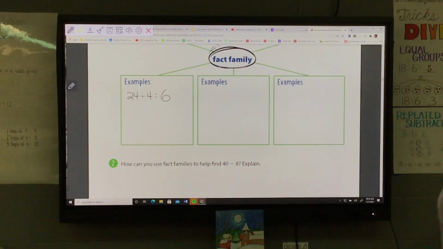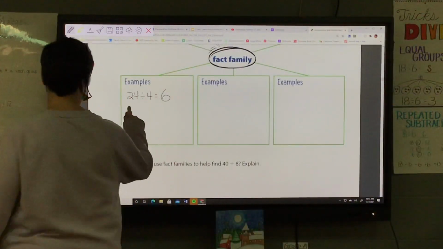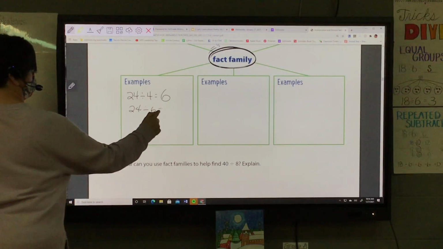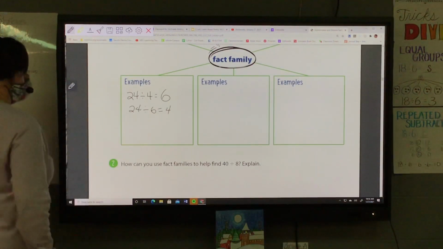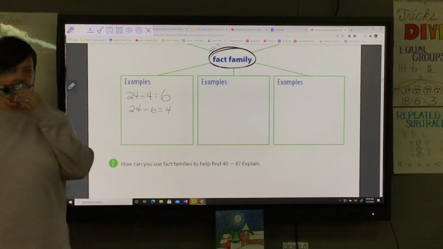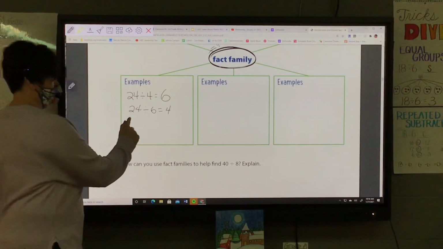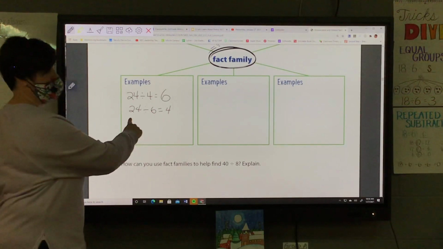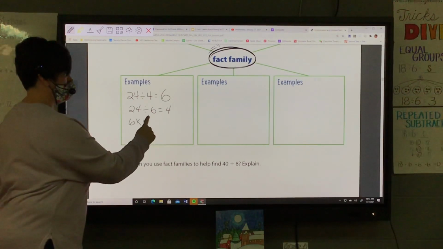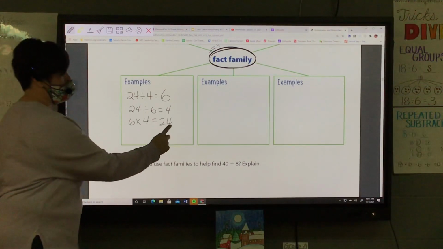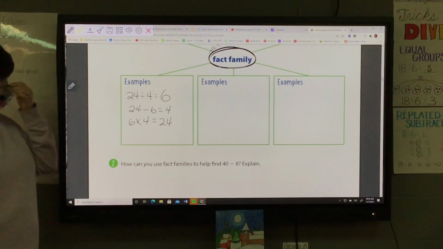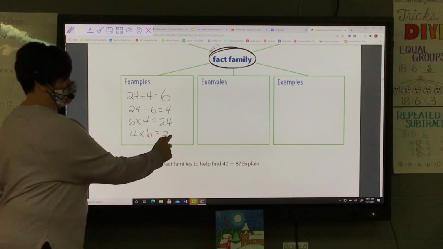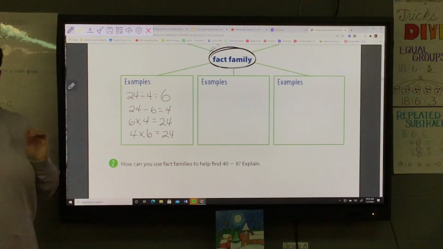What's the other division equation, everybody? 24 divided by 6 equals 4. What's one of the multiplication equations, Raylyn? 6 times 4 equals 24. And what is the second one, Reese? 4 times 6 equals 24. Agree? Yep. All right.